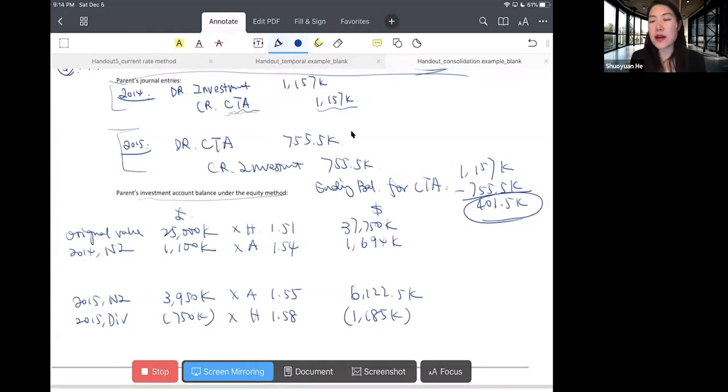And also for the firm's investment account, those are the general entries we talked about before.